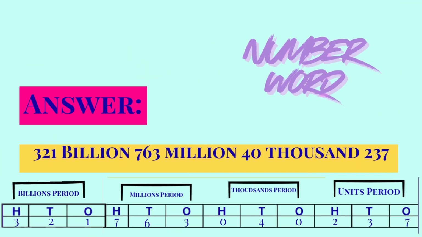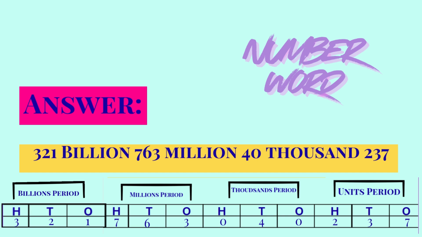All right. We have the digits 321, followed by the word billion, 763 in digits, followed by the word million, 40, followed by the word thousand, and finally, the digits that make up the number 237.